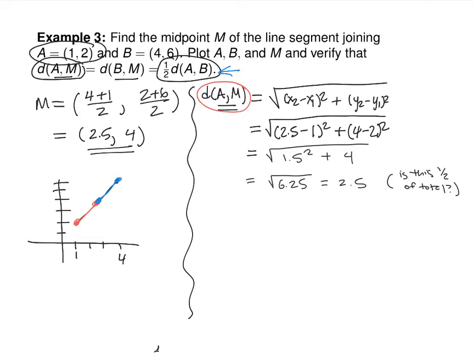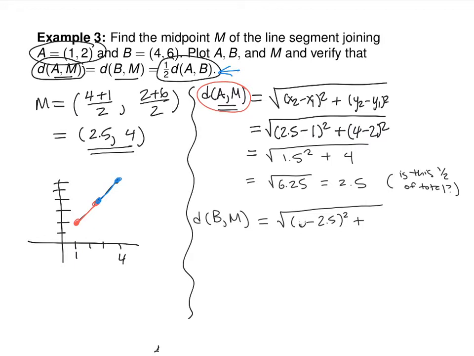So let's verify the other points by finding the distance from B to M. So square root, and B is x2, so that would be 6 minus 2.5 squared. Did I do that right? I did that wrong. What should I have had instead? 4, thank you.